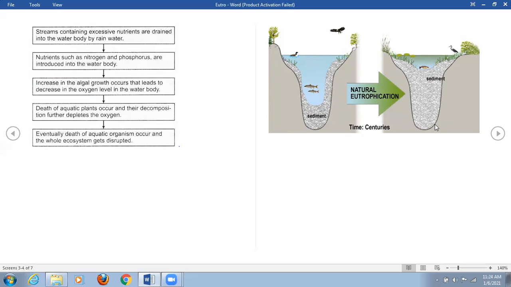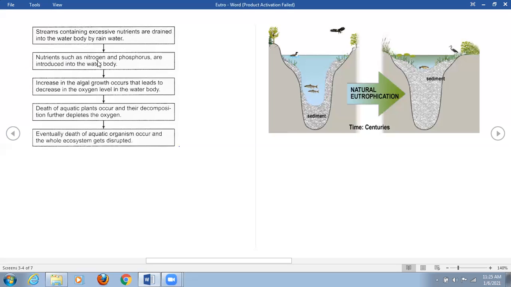As I told you, on your screen, left hand side, you can see the process of eutrophication. What is happening over there? See, the streams containing excessive nutrients are drained into the water body by rain water. Then nutrients such as nitrogen and phosphate are introduced into the water bodies.